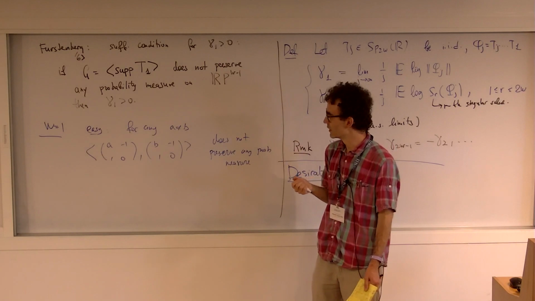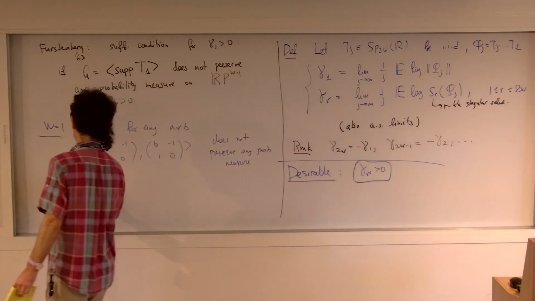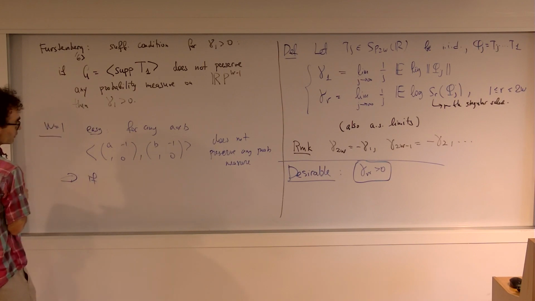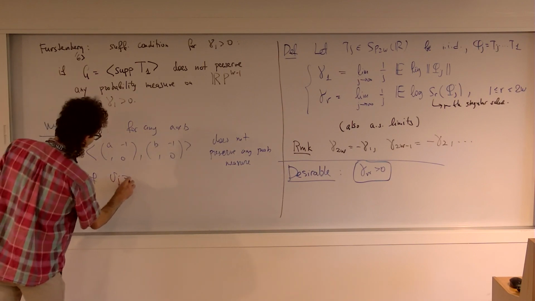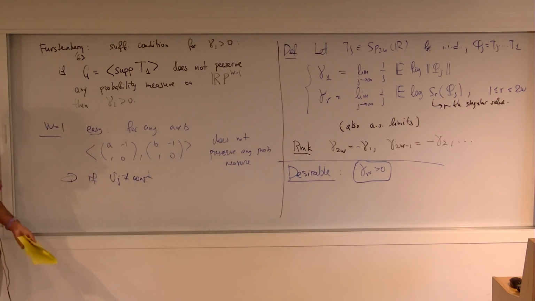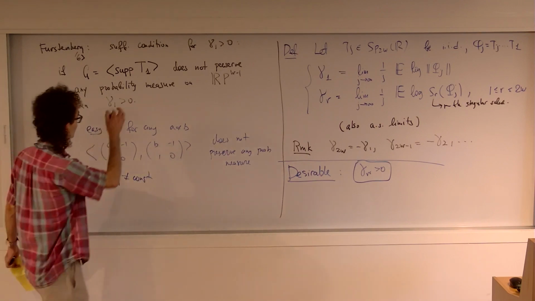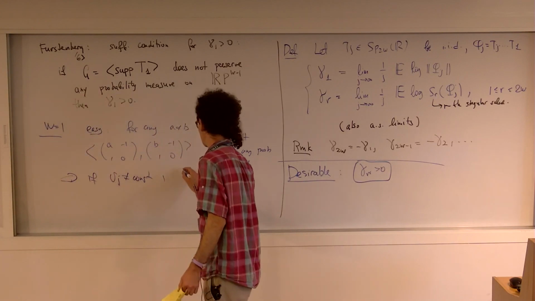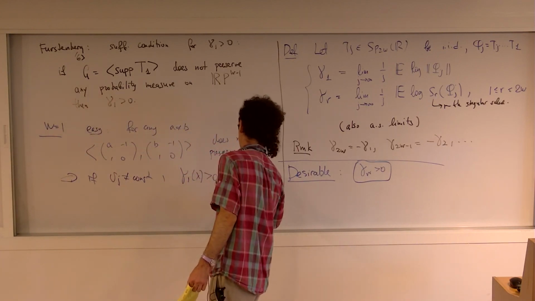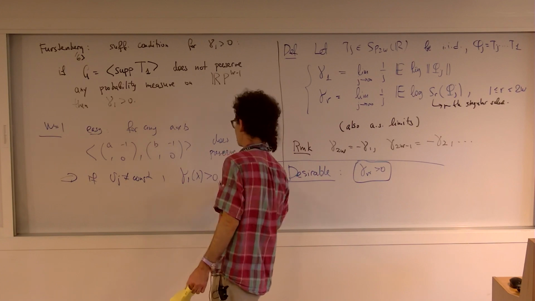Therefore, in this case of W equals 1, if the potential is not constant, if we rule out this degenerate case, then the Lyapunov exponent is strictly positive for all values of the spectral parameter.